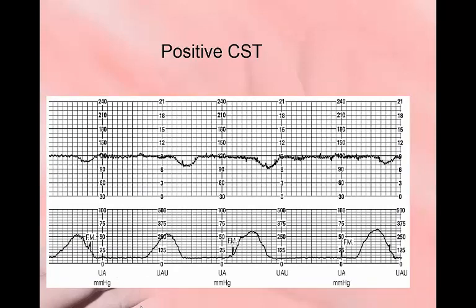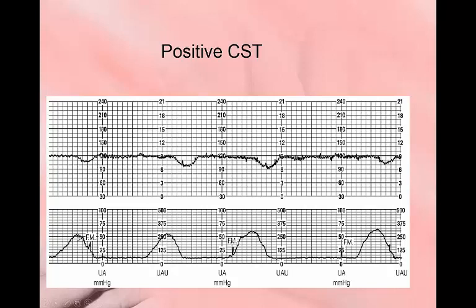This is an example of a positive CST. So a positive CST is not good. We don't want to see this. So once again, we've got 4 contractions in about a 7-minute chunk of tracing. Our fetal heart rate baseline is just a little below 120, like 118, I guess.